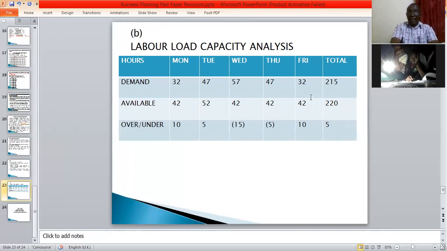If you look at this, you will find that we have a deficit on Wednesday, but we have excess on Monday and Tuesday. So we can level our resource.